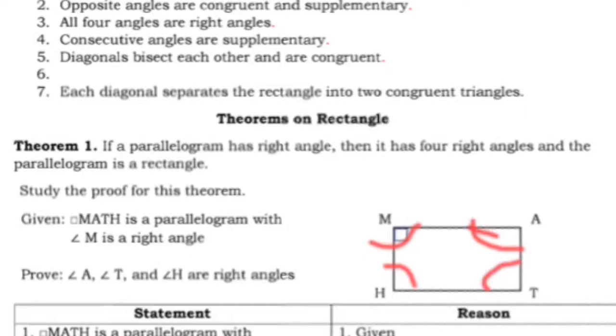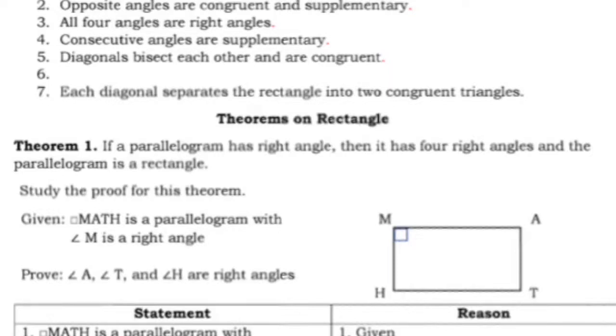Number 5, diagonals bisect each other and are congruent. If you draw the diagonals here, HA and MT, they bisect each other, meaning vertical angles are congruent, with equal measurement. Number 7, each diagonal separates the rectangle into two congruent triangles.